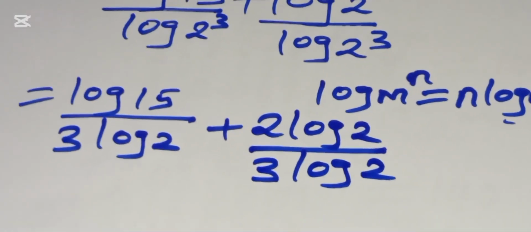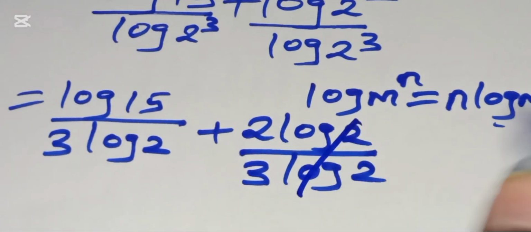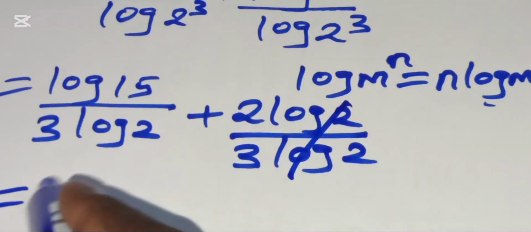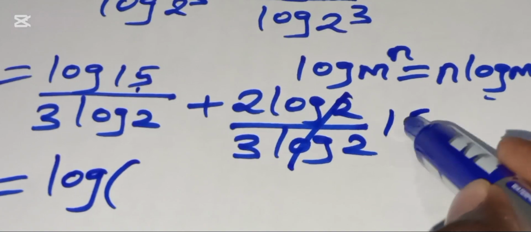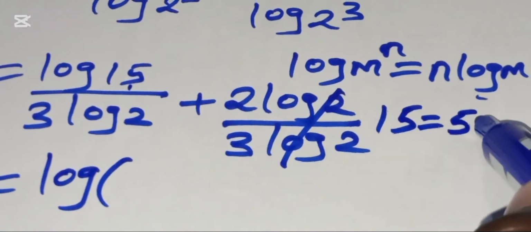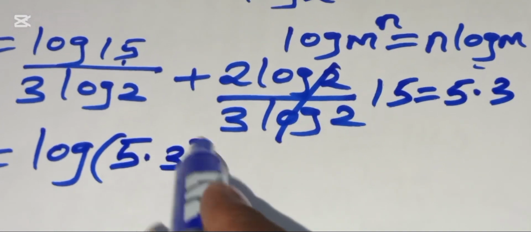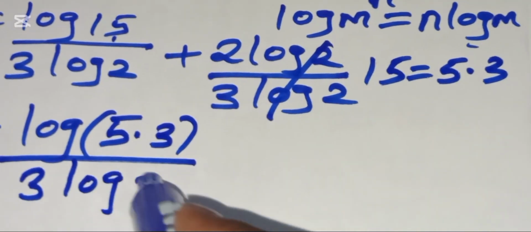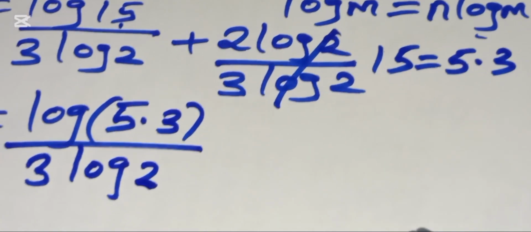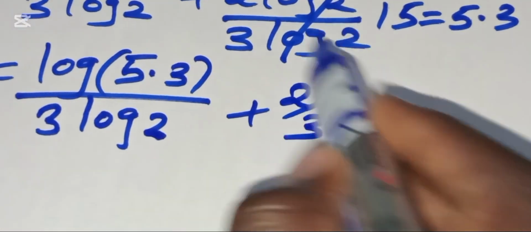Now we simplify. 15 can be expressed as 5 multiplied by 3, so we have log of 5 multiplied by 3 divided by 3 log 2, plus 2 over 3 after we simplify.